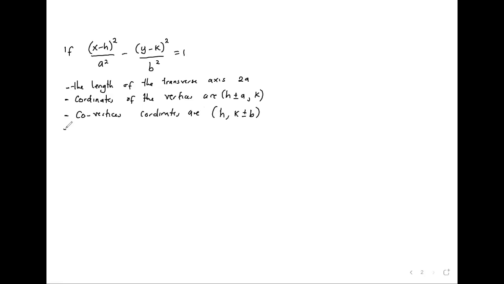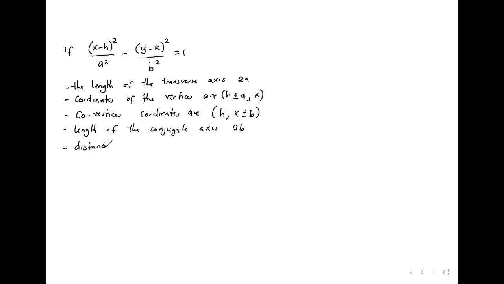And then we'll have the length of the conjugate axis, 2b. So when you form the box around the asymptotes, the length in between is 2b.